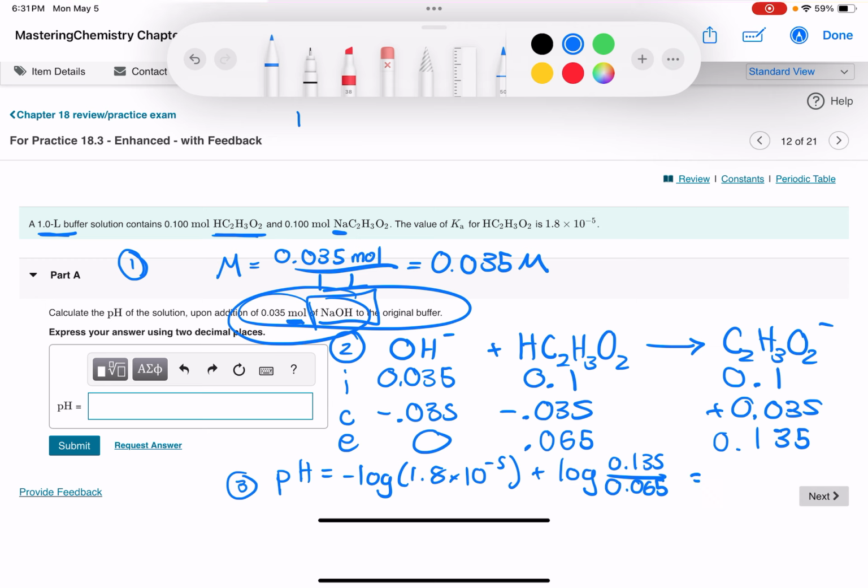Okay, so that is equal to 5.06, which it doesn't tell us initial pH, so I don't have a good gauge of how correct that is, but it looks pretty good. All right, all done.